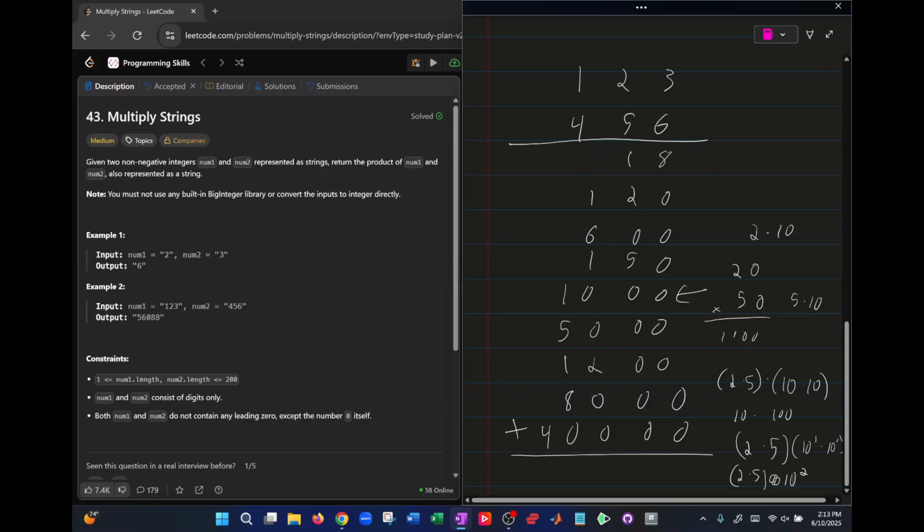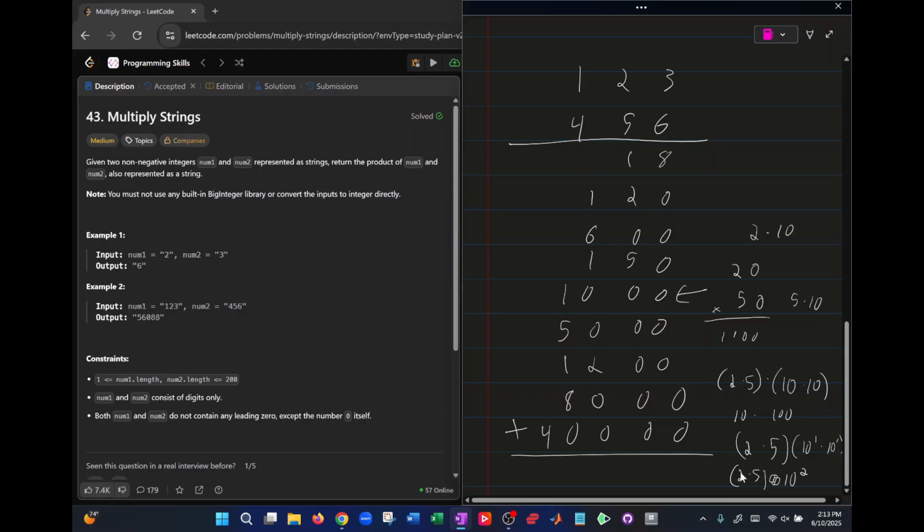Because if you're looking at the nth digit of the number, then to get to that digit, you would do 10 to the power of n minus 1. So here we need to multiply by 10, which is 10 to the power of 1, which is 10 to the power of 2 minus 1. And the 2 there comes from the fact that this is a second digit.